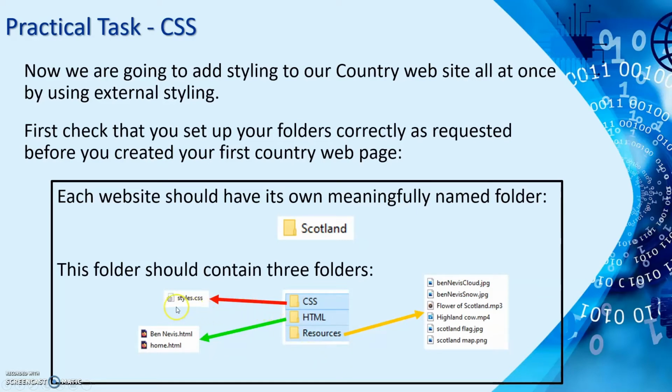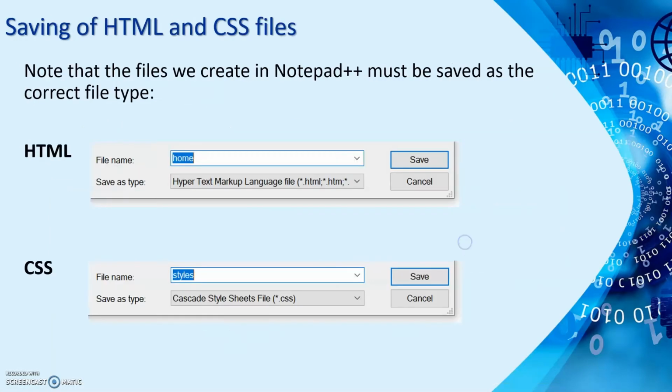Inside the CSS folder, we're going to create this, we've not done it yet, but inside my HTML folder, I've got my home page and I've got my feature page about Ben Nevis. And inside my resources folder, I've got my pictures for my 2 pages, I've got my sound file and I've got my video file. So you just double check that you've got everything laid out and saved correctly like that.